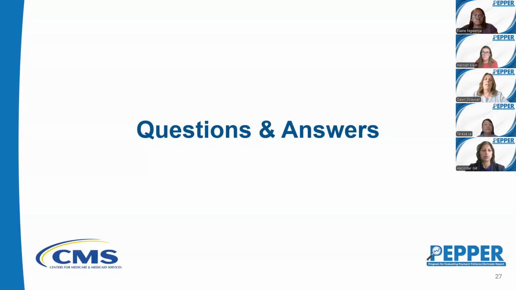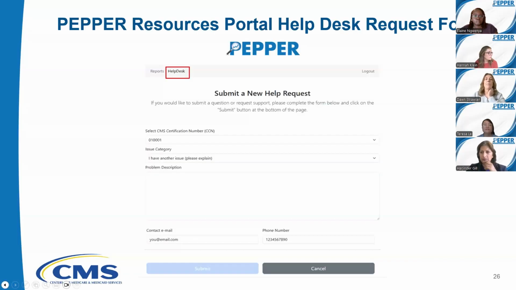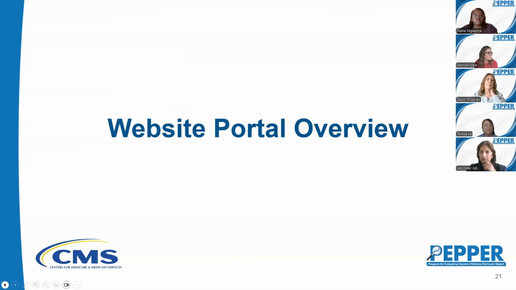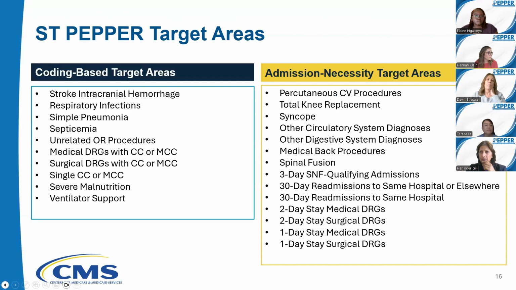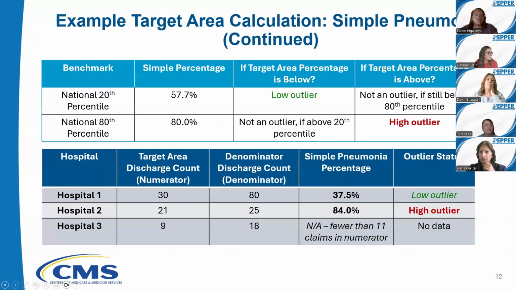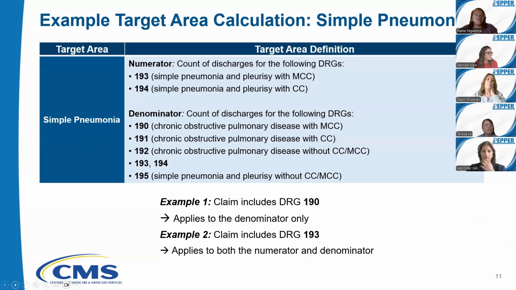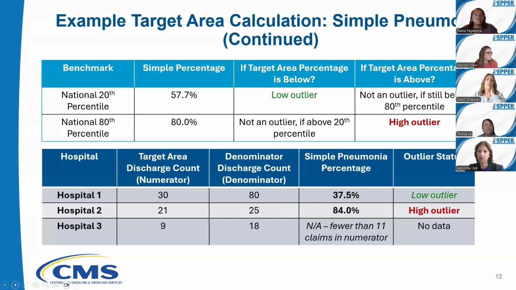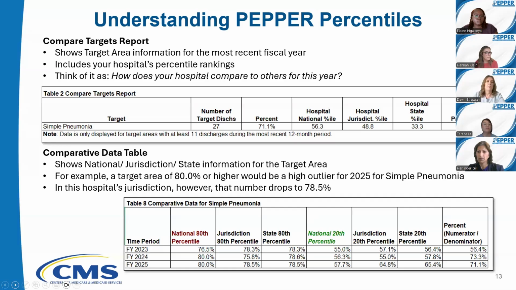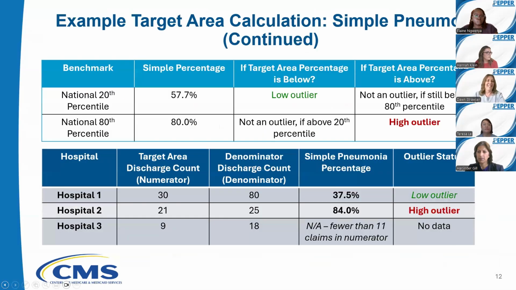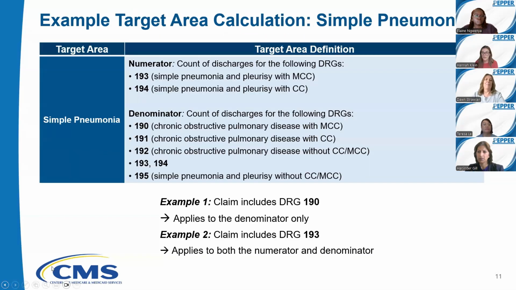Question, can you pull up the slide again for that simple pneumonia example? So the question is, can you go over one more time what your percentage means on the CAH for simple pneumonia?